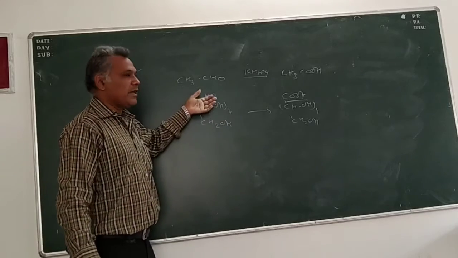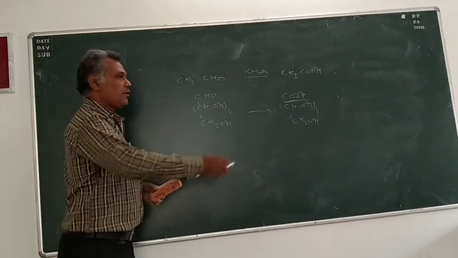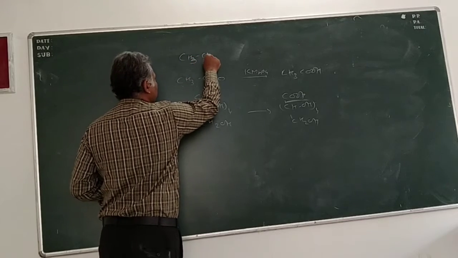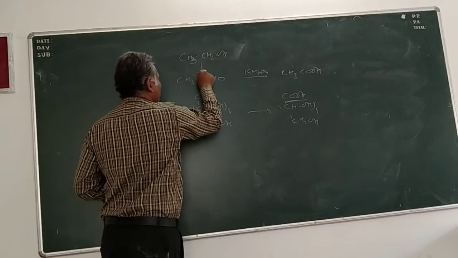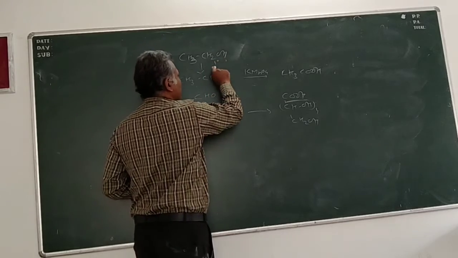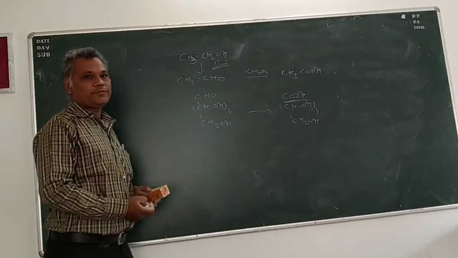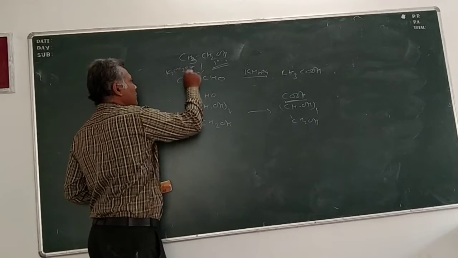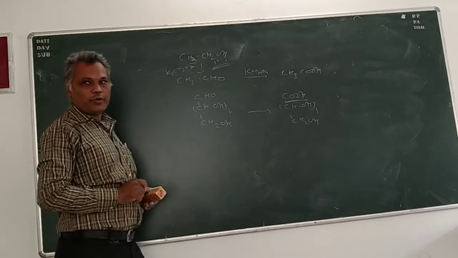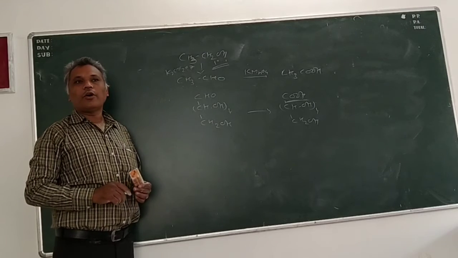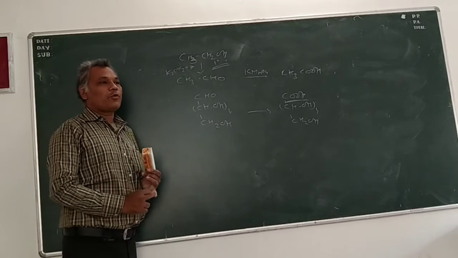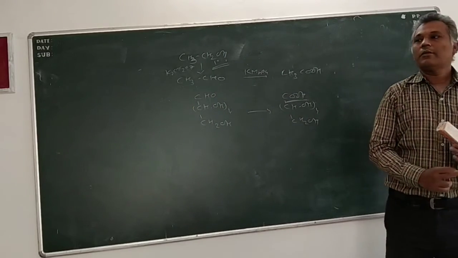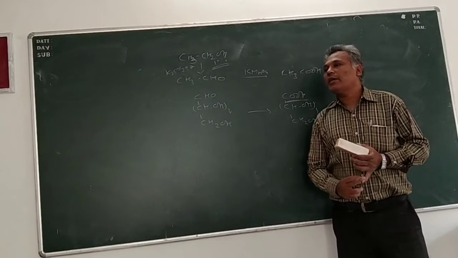But how are these aldehydes produced? For that case, we can say that if you are having a primary OH, a primary alcohol, with K2Cr2O7 and H2SO4, or pyridinium chlorochromate, PCC, right? आपकी टेक्स्ट बुक में नाम क्या लिखा है?